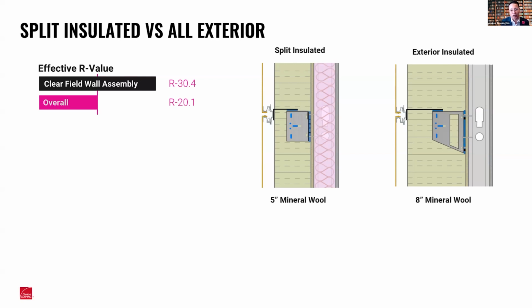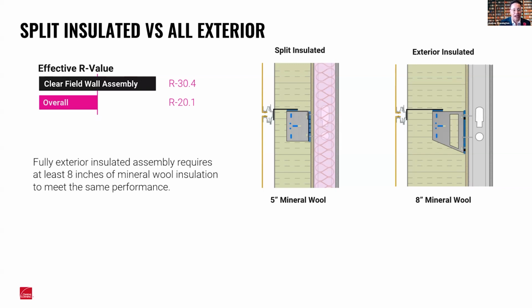So you're going to see me talk more about fiberglass and mineral wool, because those are common ones that I seem to see more on the market. But all the insulations are available. XPS is another one that we see commonly as well. But it's just to show the difference between having a full exterior wall versus having some in the exterior, because now not only are you able to make your wall a little thinner, but there's a cost savings to that.